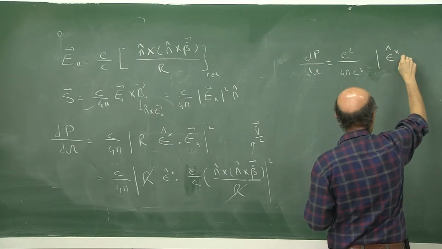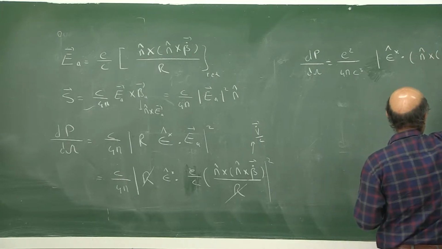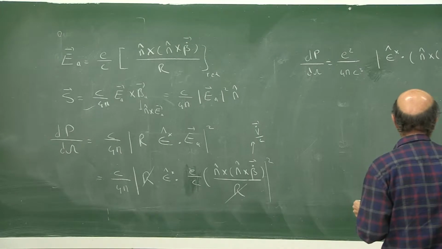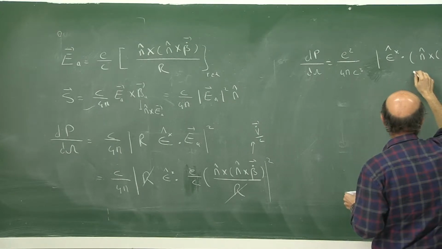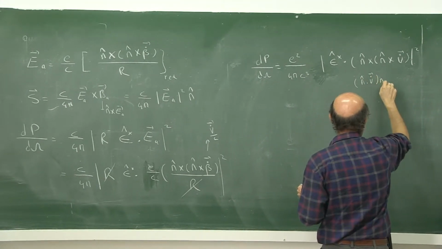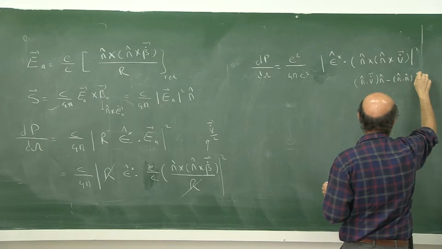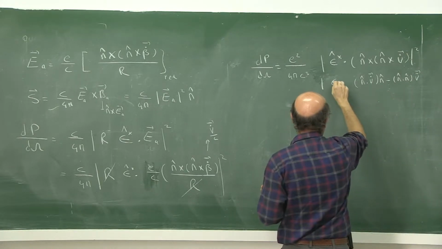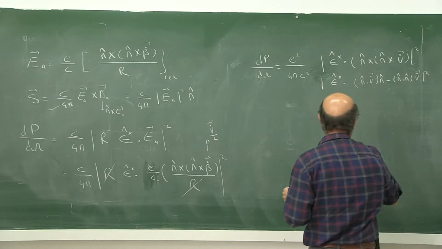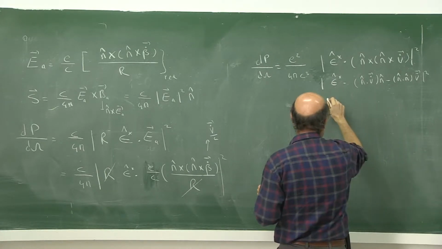The rest: epsilon complex conjugate dot n cross acceleration, squared. And if you open this, this term is equal to what? n dot v dot along n minus n dot n along v dot, and you are taking the scalar product with the epsilon complex conjugate. And if you do this, what are you going to obtain? Let us go one more step.